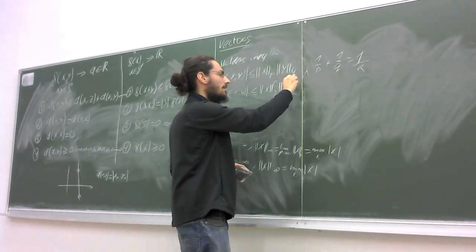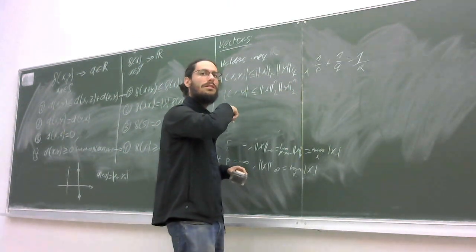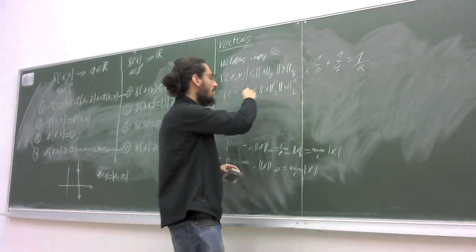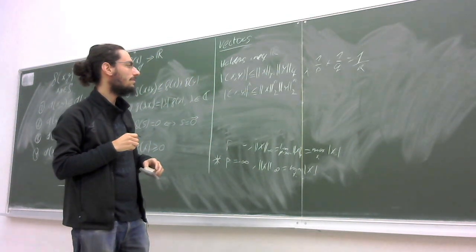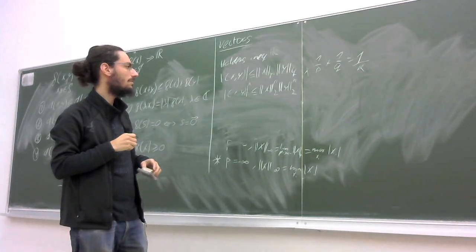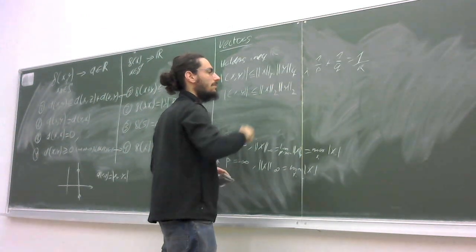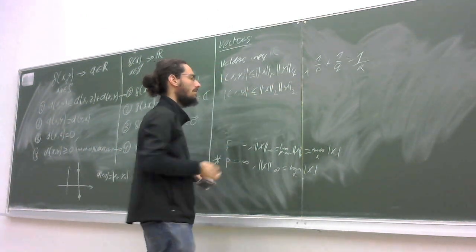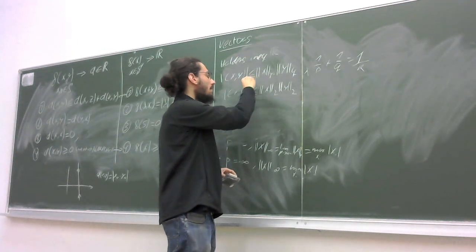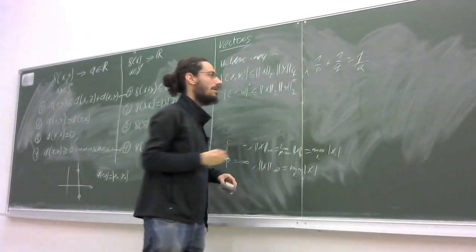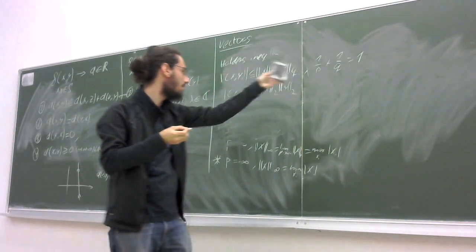The R norm of xy is smaller or equal than the P norm times the Q norm. So this is typical.